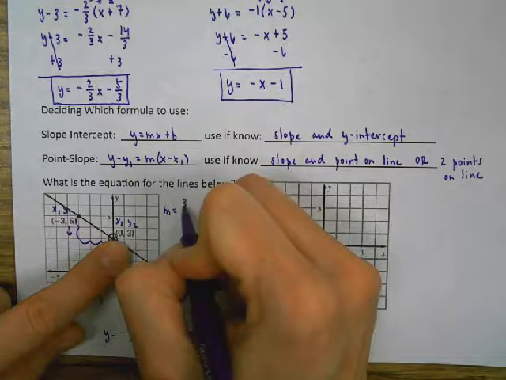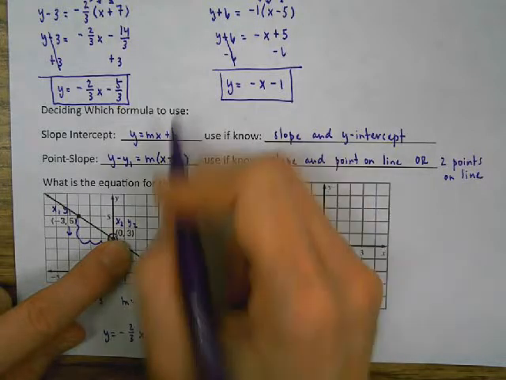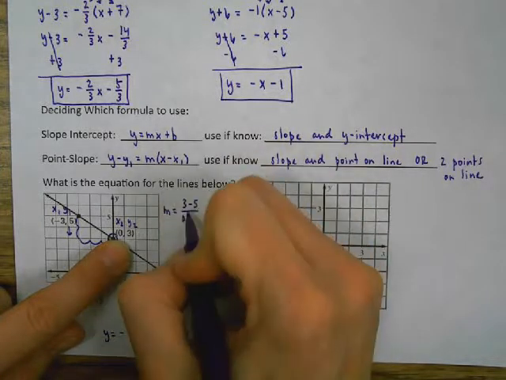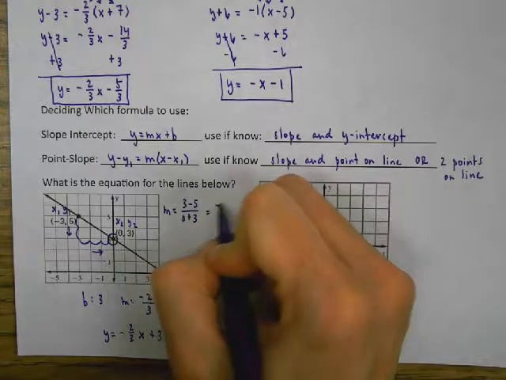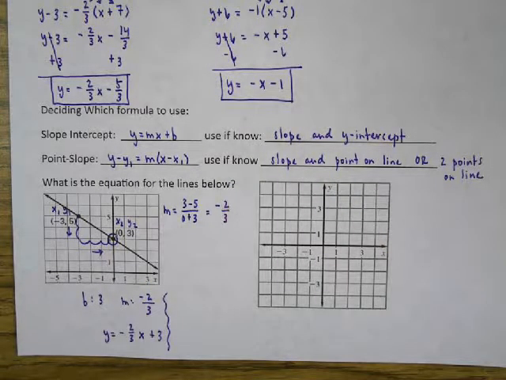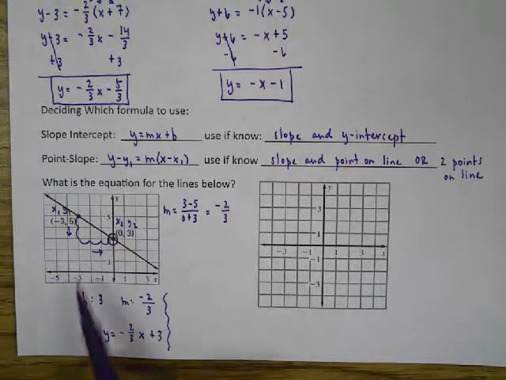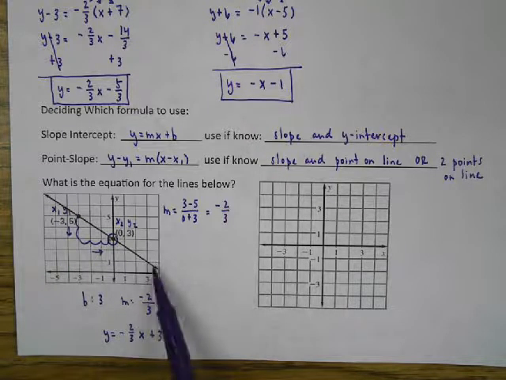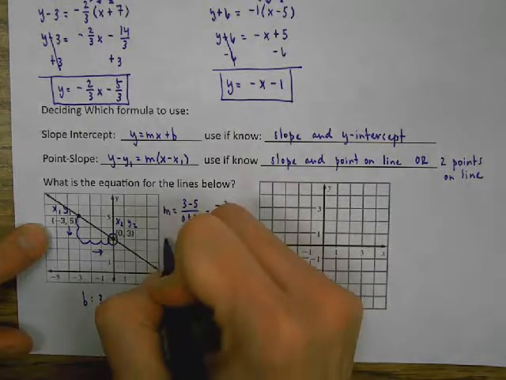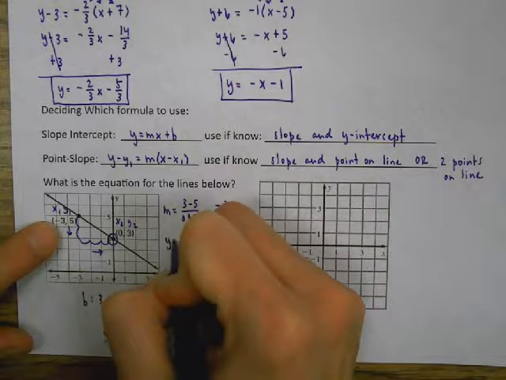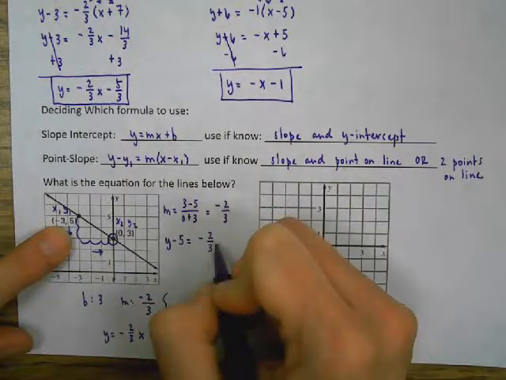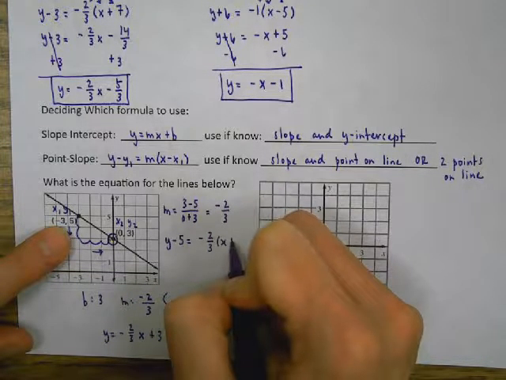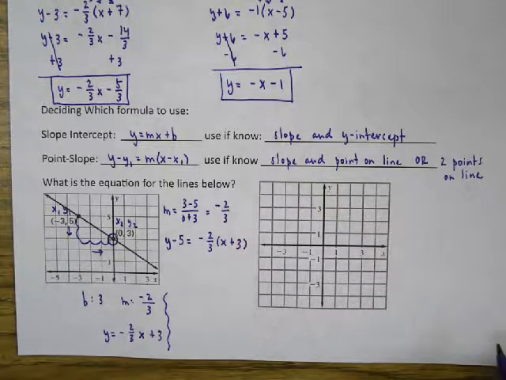That's going to be 3 minus 5 over 0 minus a negative 3, so 0 plus 3, which gives me negative 2/3. Graphically that makes sense because my line is going downhill. Now let's plug this into point-slope form. I get y minus 5 equals negative 2/3 times x plus 3.